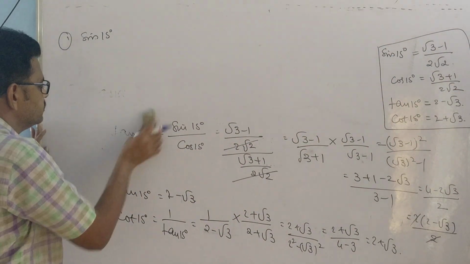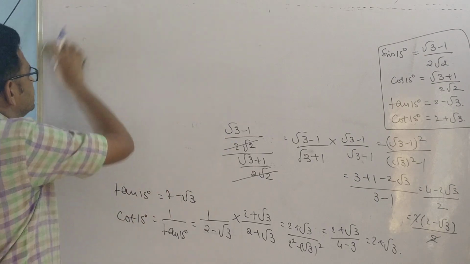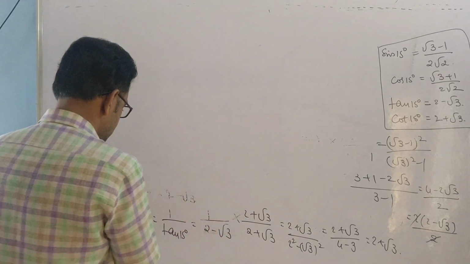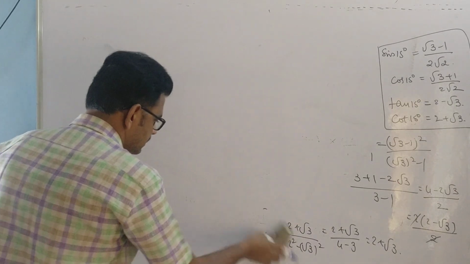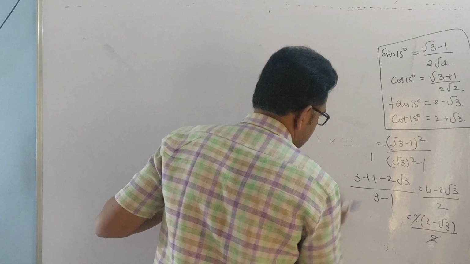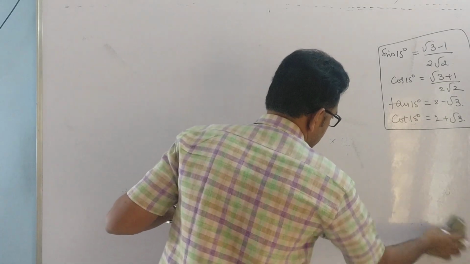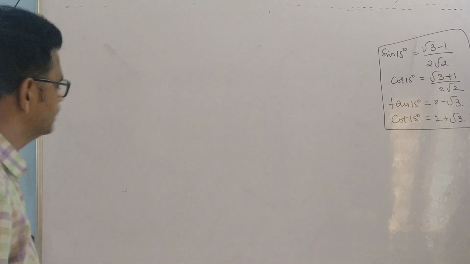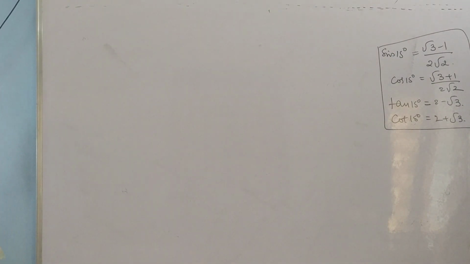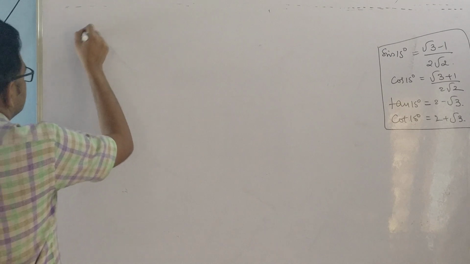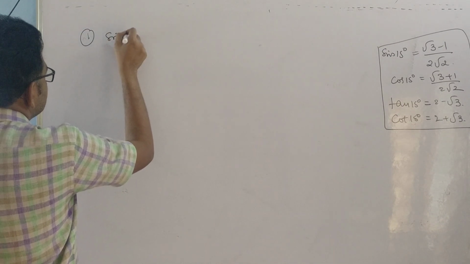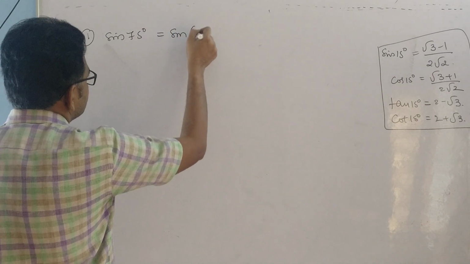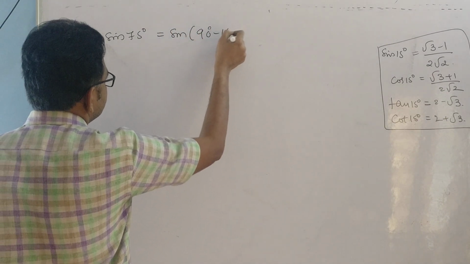So using these four results, sin 75 degrees is equal to, you write, sin of 90 degrees minus 15 degrees.